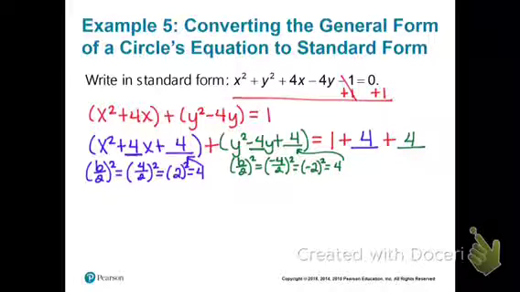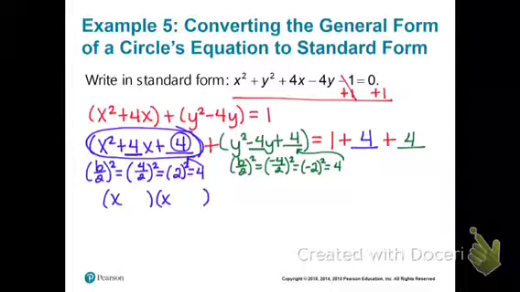All right, so we need to factor this first parenthesis. So we know it's a simple trinomial, so it's going to be x and x. What multiplies to 4 that also adds to 4? 2 and 2. And remember, they should be the same, right? So bring down that first sign. Positive 2 times what kind of 2 gives me a positive 4? Positive. Now, where else did I see a positive 2 in this problem that we said we could use as a shortcut?